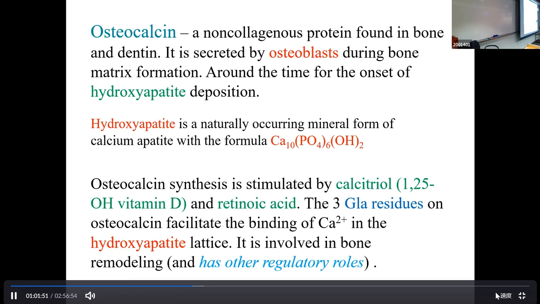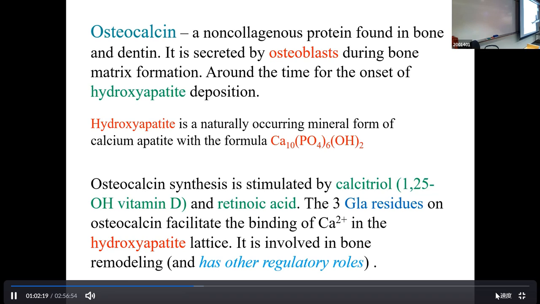Now, osteocalcin synthesis is stimulated by vitamin D. Calcitriol is the term. I'm not sure if you have learned this in your previous nutrition. Calcitriol is the active vitamin D, which is also considered to be a hormone.